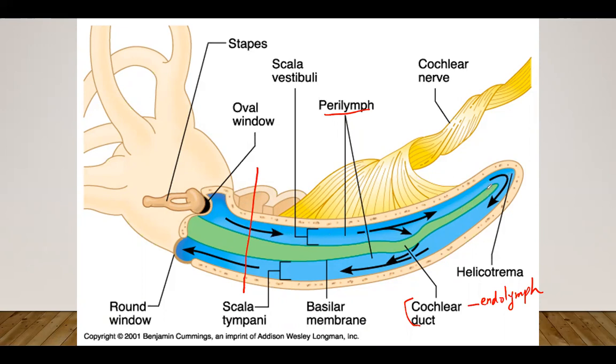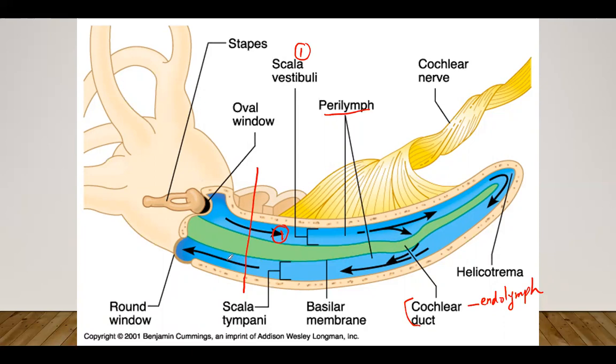Now, this area on the top originates from the vestibuli region. So this is called the Scala Vestibuli. Right here, this is number 1, and I'm just going to number it for you guys. The Scala Vestibuli starts with the oval window, goes all the way to the end, and then comes back as a turnaround. Think about it as a two-way street.